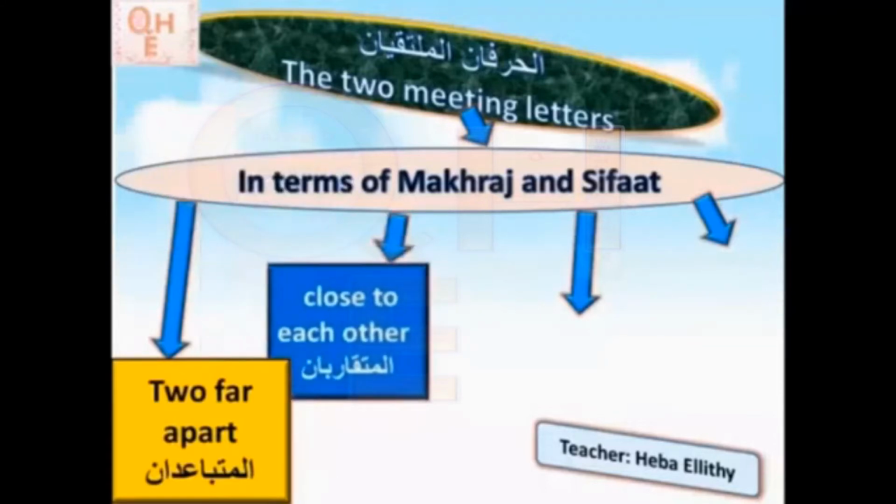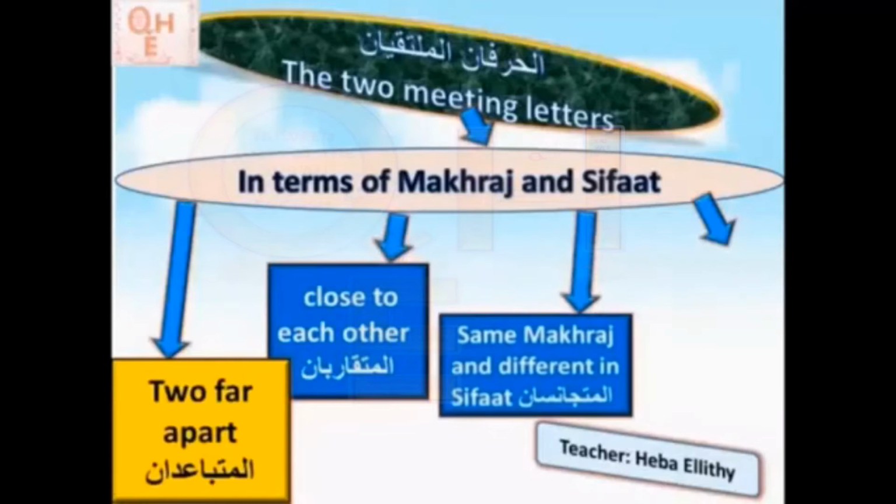Or if they are close to each other, we call it المتقاربان, so the articulation points are very close, or the same makhraj but different in Sifaat. Like the letters dal and ta, they come from the same articulation point, but they have different Sifaat. Each one has its own characteristic to be different from the others.